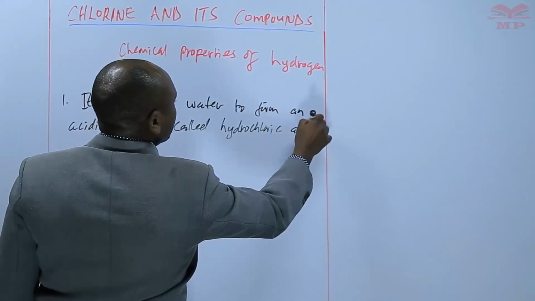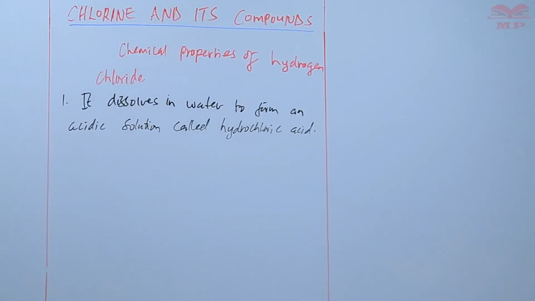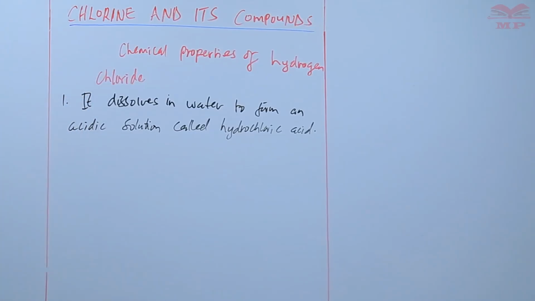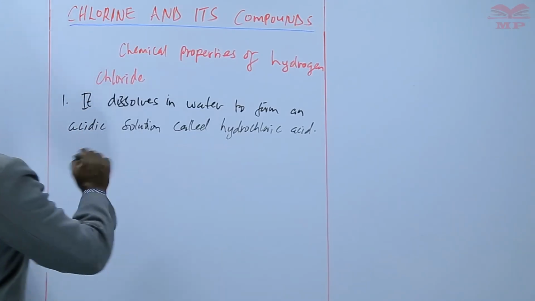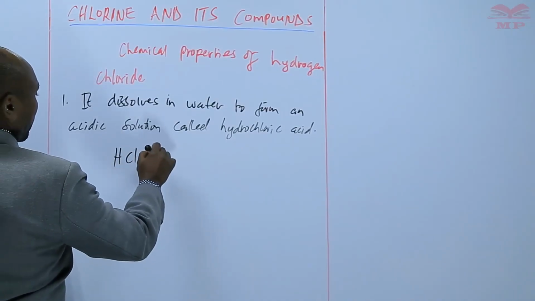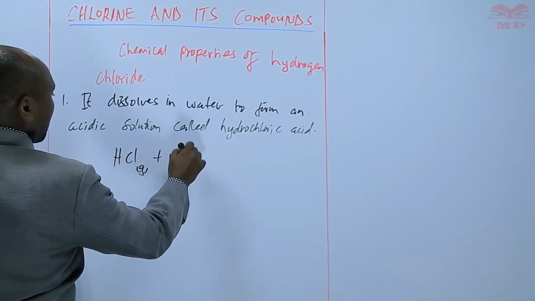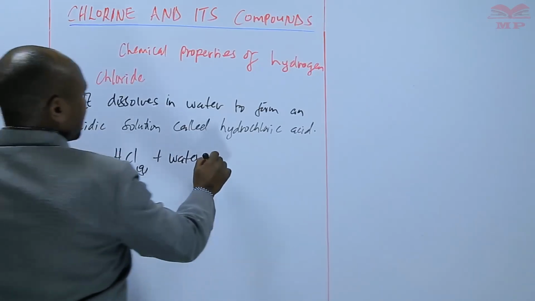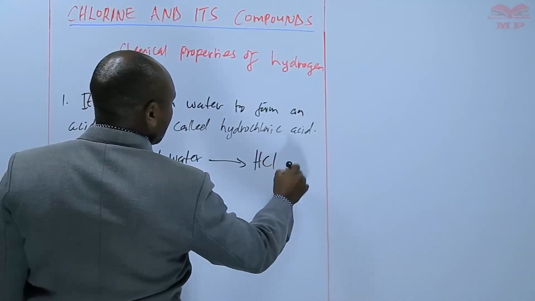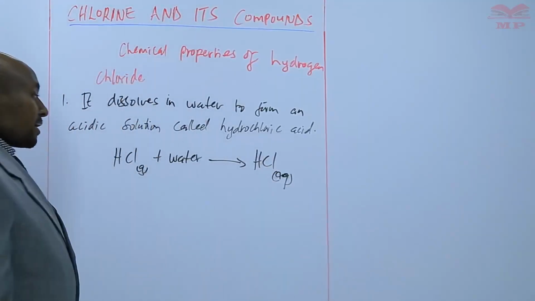So hydrochloric acid is a solution formed when hydrogen chloride is dissolved in water. And on this, we are saying that HCl gas, when it dissolves in water, we get aqueous HCl. And this is hydrochloric acid.